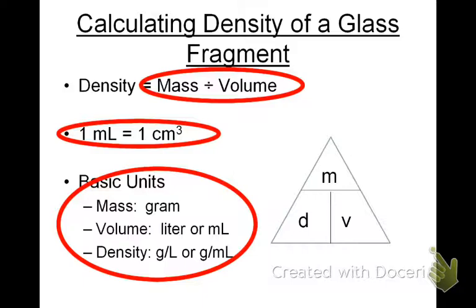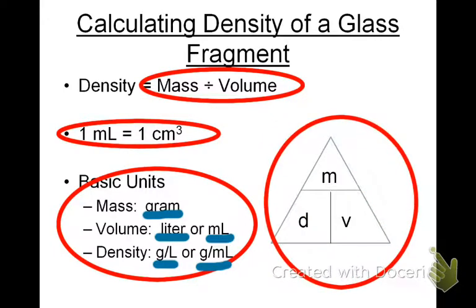The basic unit of mass is the gram. For volume, it's the liter. And then density is grams per liter. A lot of times in this class we're going to use milliliters for volume and then grams per milliliter for density. And if you haven't used this triangle before, it's very helpful when you're calculating using the density formula.